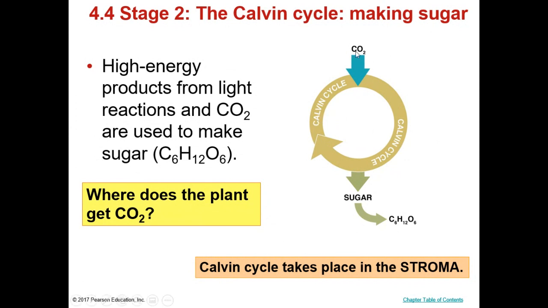Notice that the Calvin cycle requires CO2, so we can say that the first reactant of the Calvin cycle is CO2, right? After CO2, we're going to utilize ATP, and then we're going to add NADPH in order to yield C6H12O6. And that's it, right? So this is the main product of the Calvin cycle. And I'm sorry, I left out one product of the light reactions: oxygen.